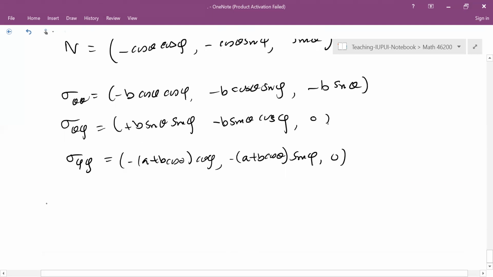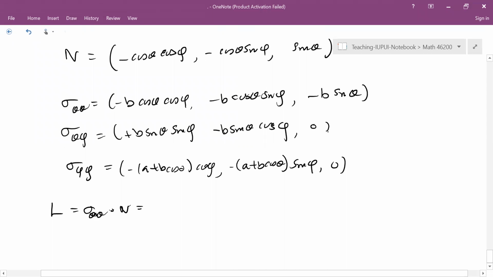So now, L is going to be the dot product. It's going to be sigma theta theta dot n. I'm going to do a dot product here. It's going to be negative, I think it will just be b squared, just a b.